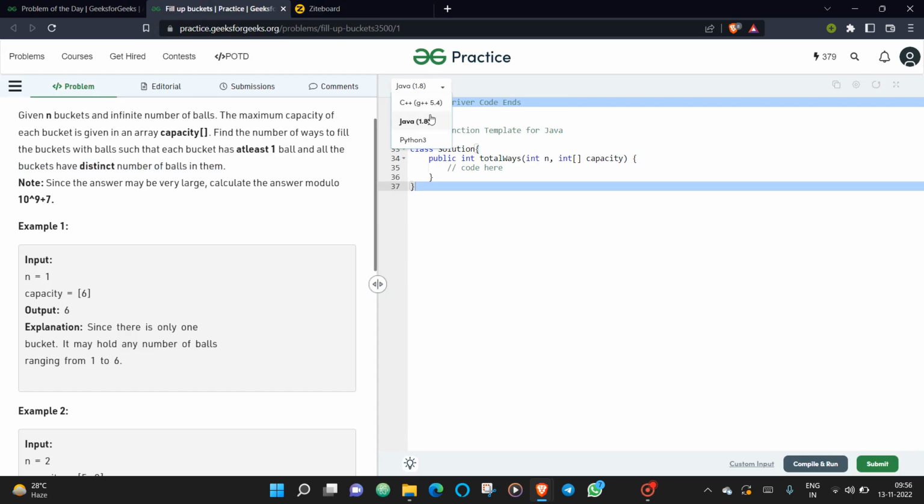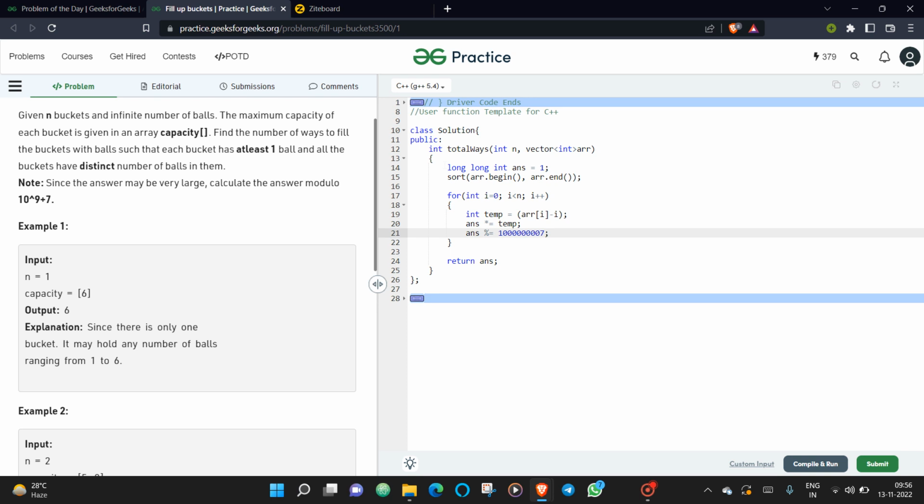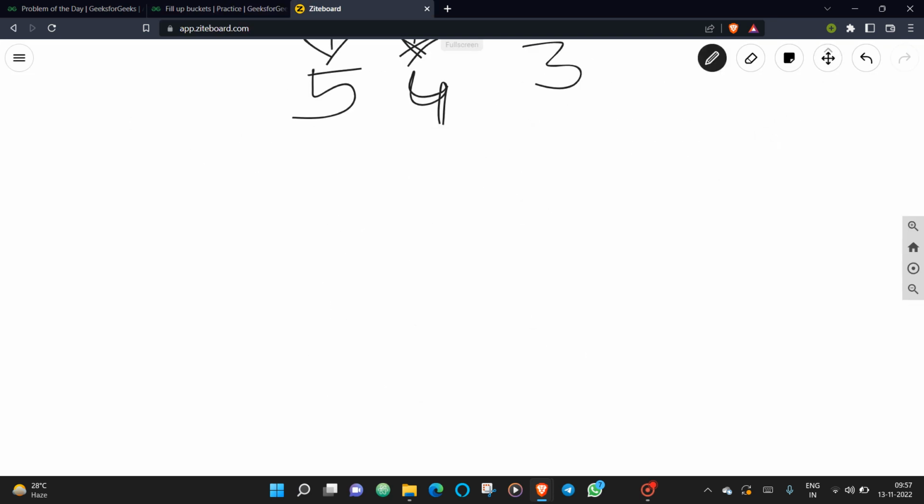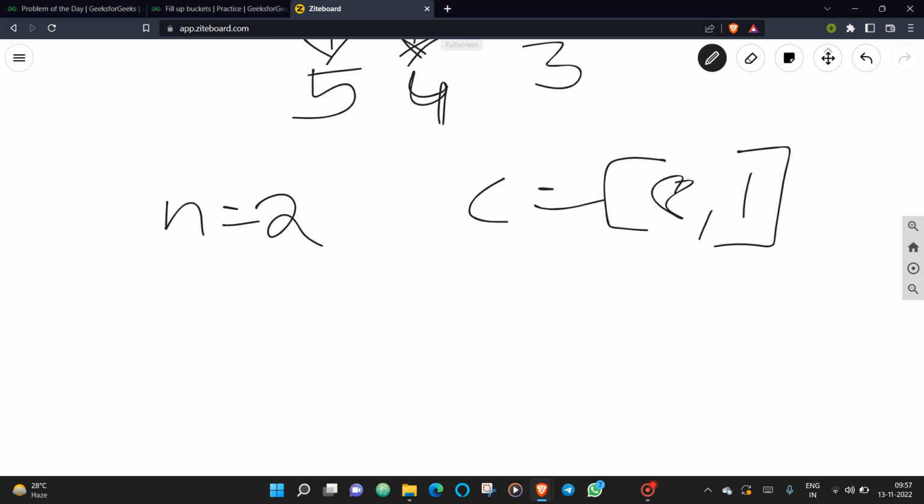So what I have done, you can see this. Initially, I have taken the answer as 1, and I'm sorting this array, and I'm just decrementing those values, and I'm multiplying. If my answer overflows, I'm taking the modulo. Again, why was I doing this sorting? Because if I have n equal to 2, and my bucket 1 has capacity 8, and my bucket 2 can contain only 1, right?